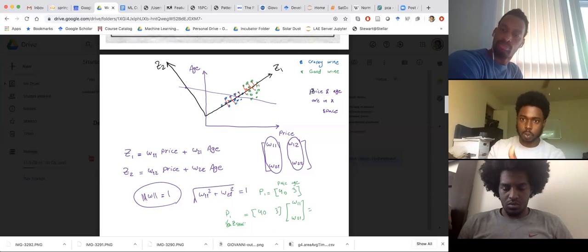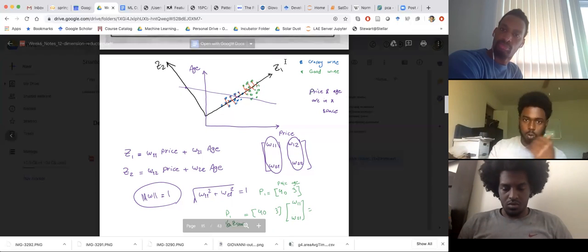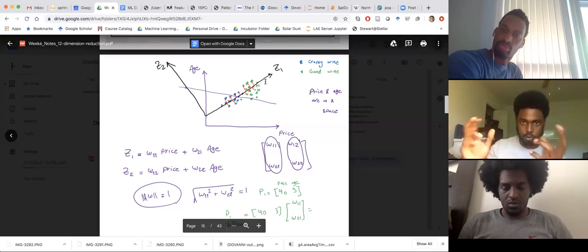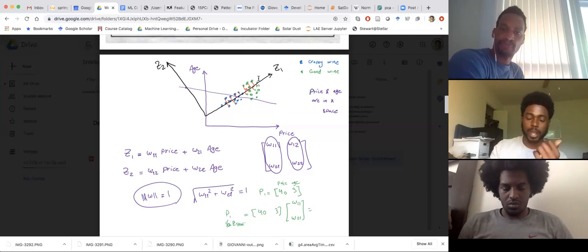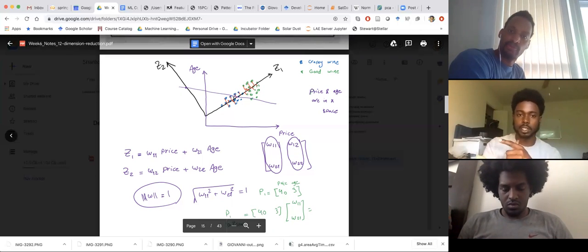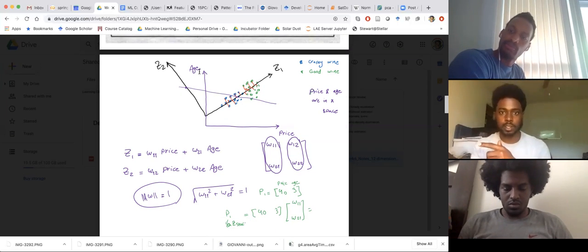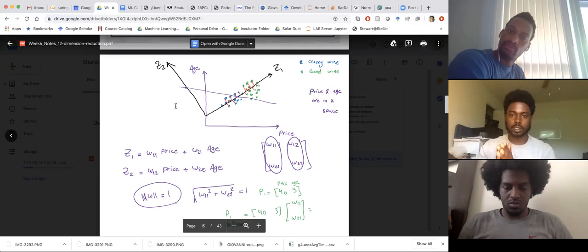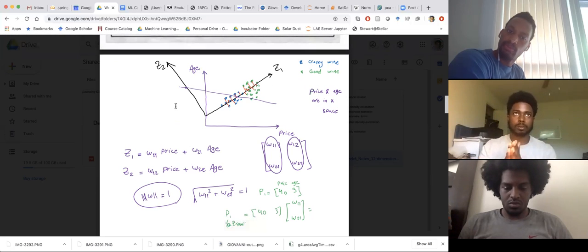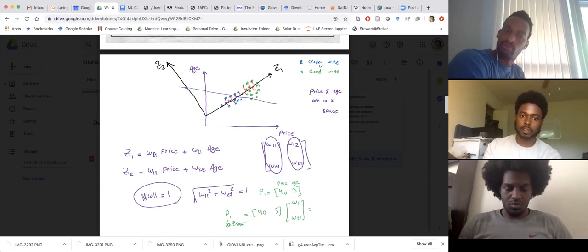So here we see that we drew our orthogonal line, or we did our orthogonal regression where we're maximizing the variance. And essentially what we're doing is we're rotating it to the z-axis, where z represents our principal component axis. That's the direction W. And we can see that z is actually comprised of multiple features.